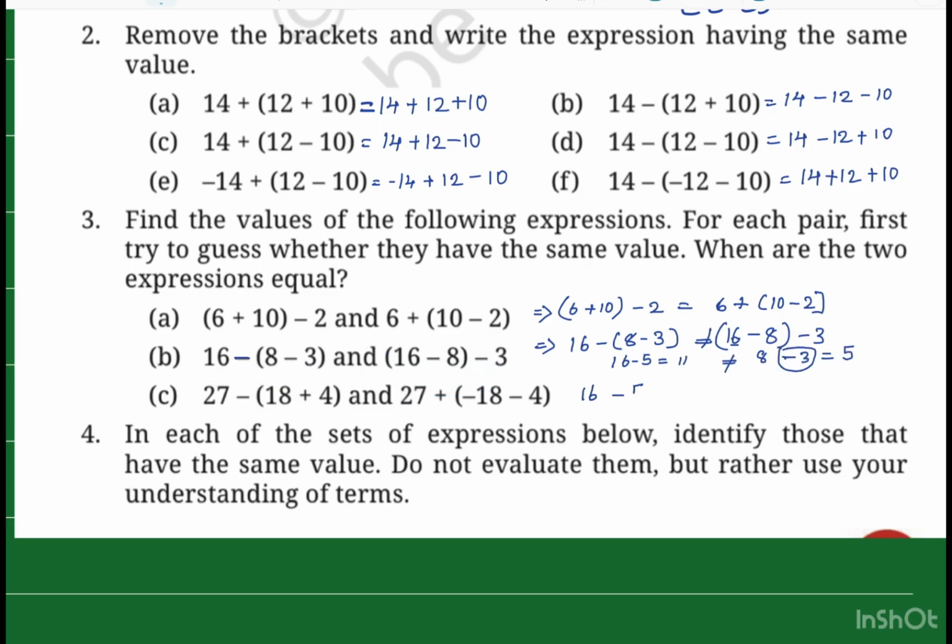We can rewrite the expression by changing the signs. To make the expressions equal, we can change the sign of minus 3 so it will become plus 3. Then the expressions will be equal.